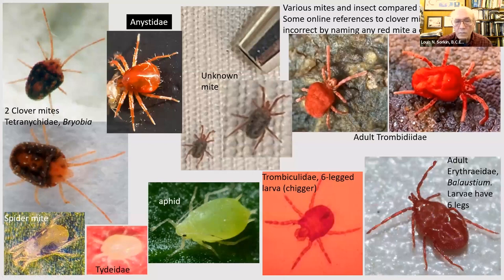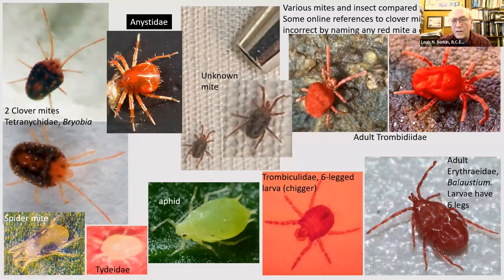And these are mites. I just put this in because a lot of times this time of year, a lot of red mites show up crawling about. I just wanted to point out that a clover mite, Bryobia, is the mite on the left side here.